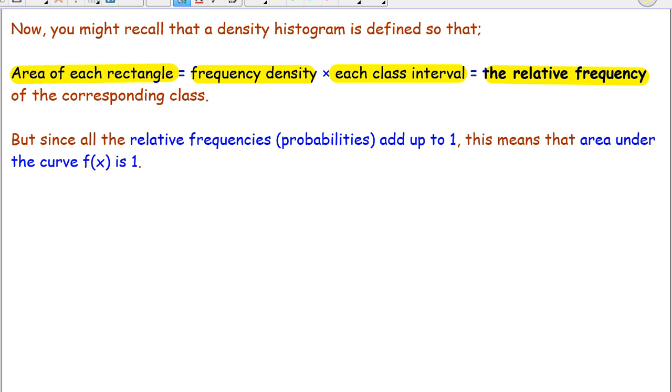But the relative frequency is basically probabilities, and we know that all probabilities add up to 1, which means that the area under the curve is 1. It's very important.